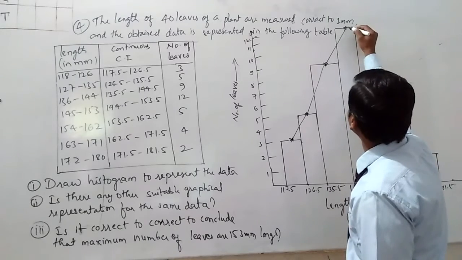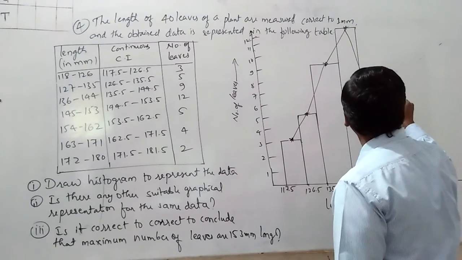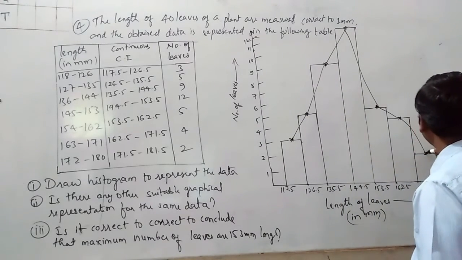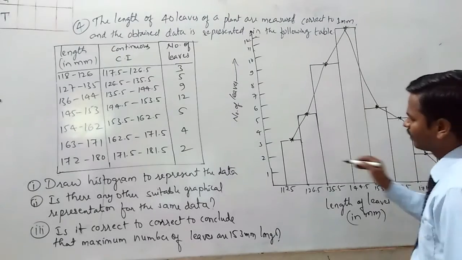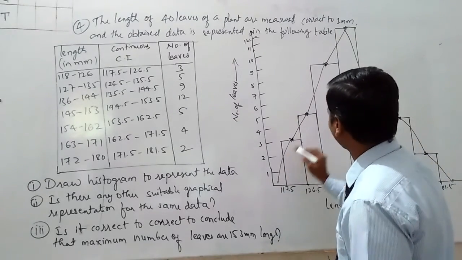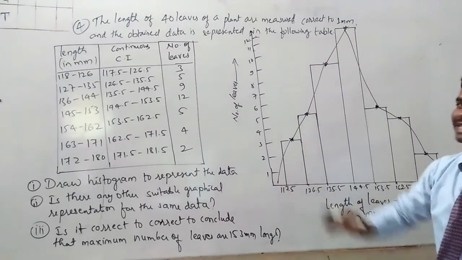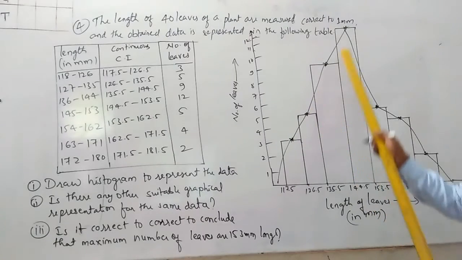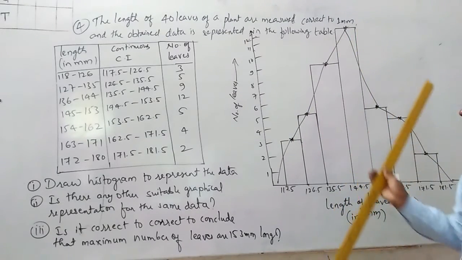If we join the midpoints, we will get a frequency polygon. We can represent the same data by a frequency polygon by joining the points here.